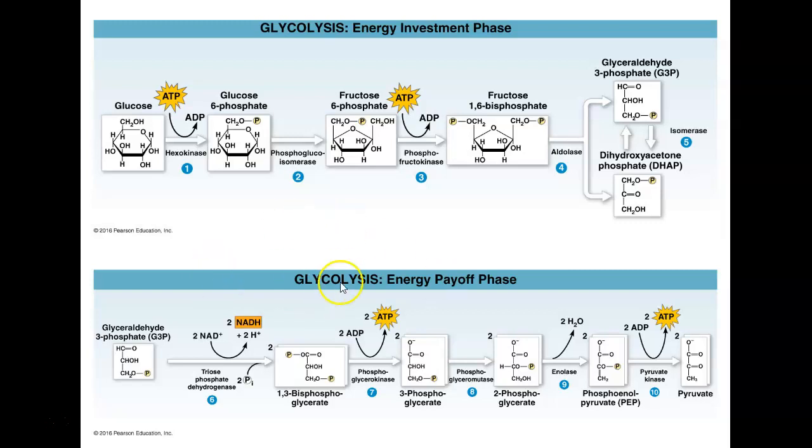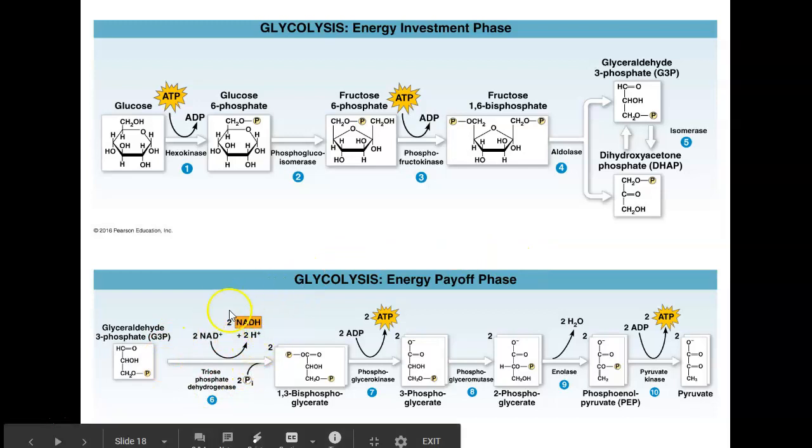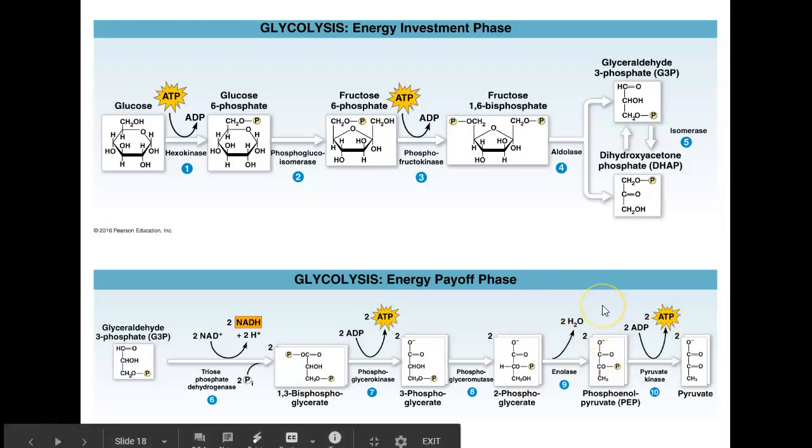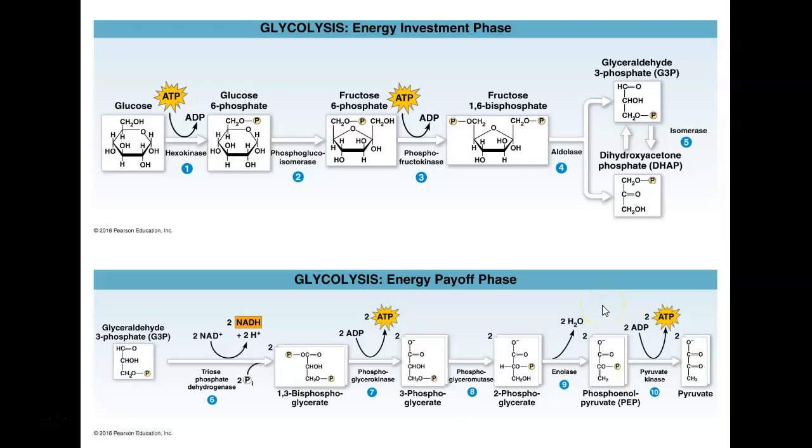On the bottom, you can see the energy payoff phase. In that initial step, you make your 2 NADHs that will travel later to the electron transport chain. And then you make a total of 4 ATP, so a net gain of 2. And here also in step 9, you can see that some water is given off. So when that was referenced, it's happening there.